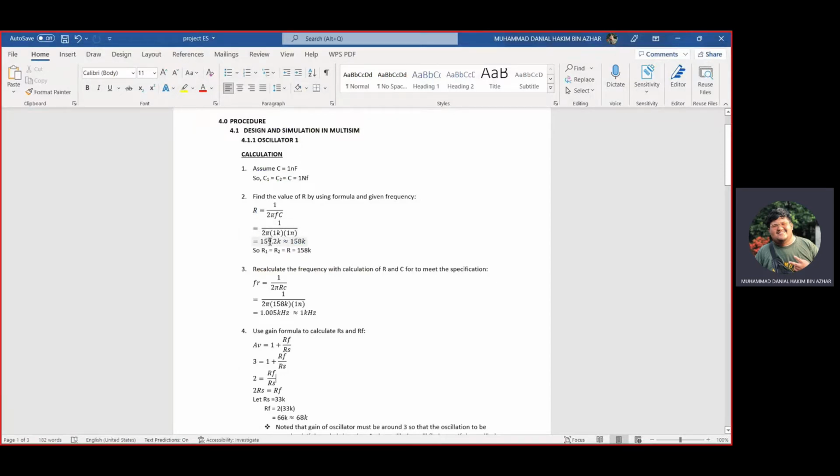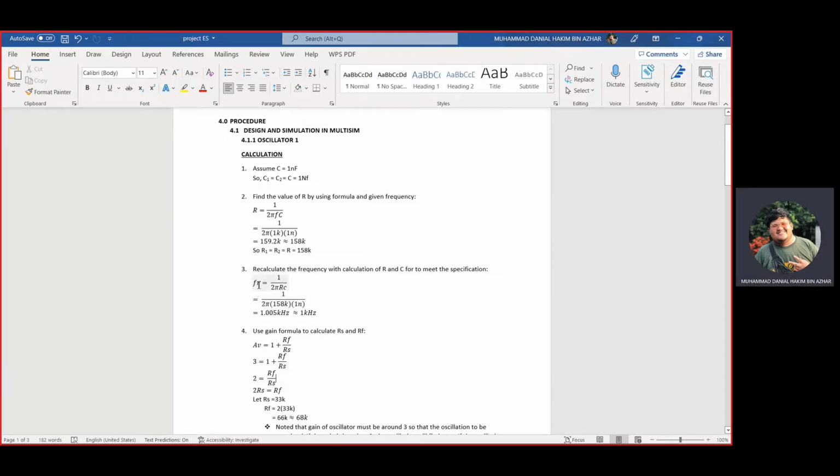I get the calculation as 159.2k, but I use 158 in the simulation, so R1 and R2 are 158 also. The third calculation is to calculate the frequency.